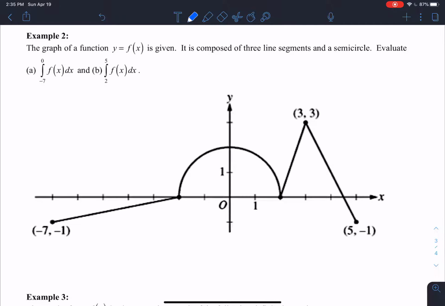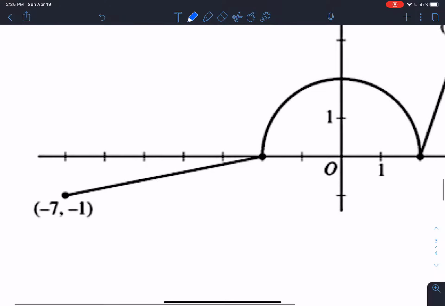I see from -7 to -2, that's a triangle, right? So we have a base of 5 and a height of 1. So 1/2 the base would be 2.5 times the height, which would be 1.